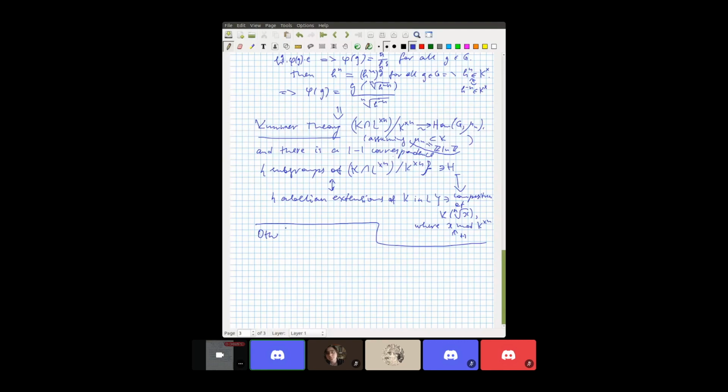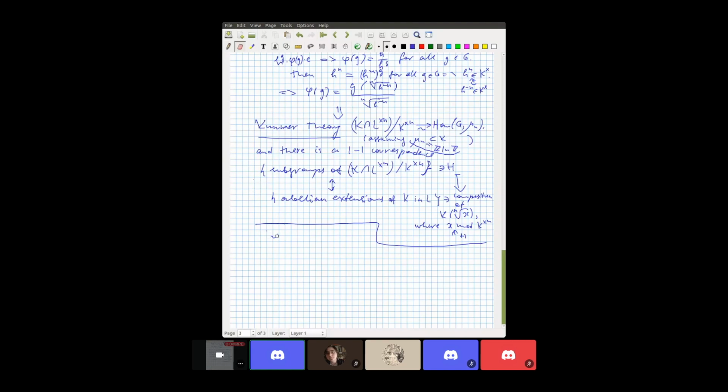But you see that if n is not divisible by the characteristic, then of course we can get all extensions of period n this way. So you see that this group is annihilated.